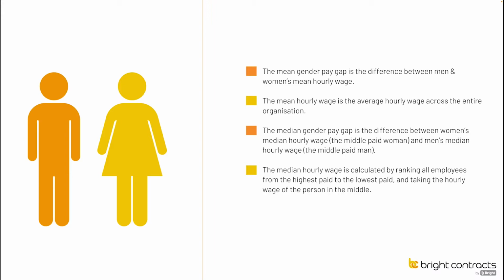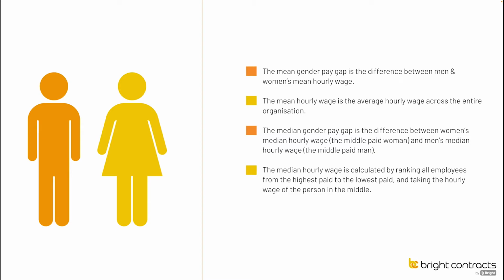Whereas the median gender pay gap is the difference between the women's median hourly wage, so the middle paid woman, and the men's median hourly wage, so the middle paid man. And the median hourly wage is calculated by ranking all employees from the highest paid to the lowest paid and taking the hourly wage of the person in the middle.